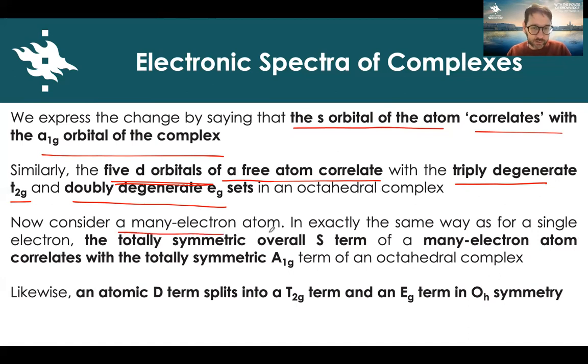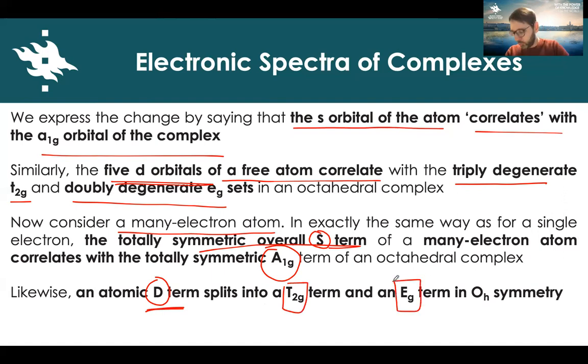So if we consider now a many-electron atom, in the same way as we described for a single electron, the totally symmetric overall S term will correlate with a totally symmetric A1g term for the complex. And an atomic term having L equals D will be split into energy levels or terms having T2g and Eg symmetry for the octahedral complex.